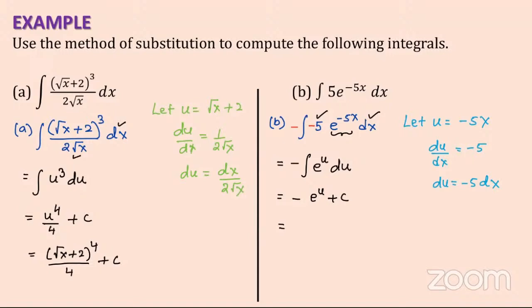So that becomes negative e to the negative 5x, then plus c. We just substitute the value of u. So that is my integral.